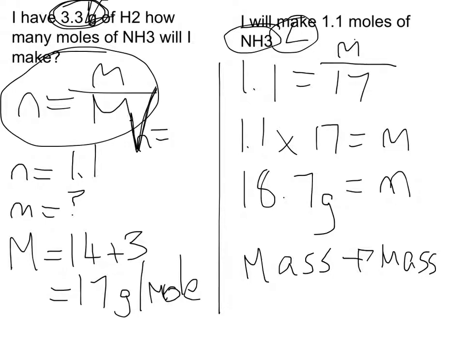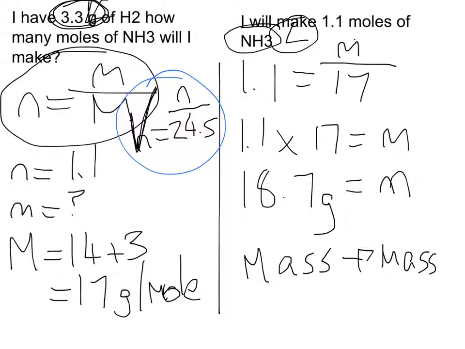Volume equals moles divided by whatever the volume of gas is at your conditions, say 24.5, this is at 25 degrees Celsius. So that would be my equation there. Very simple, just a very small change.